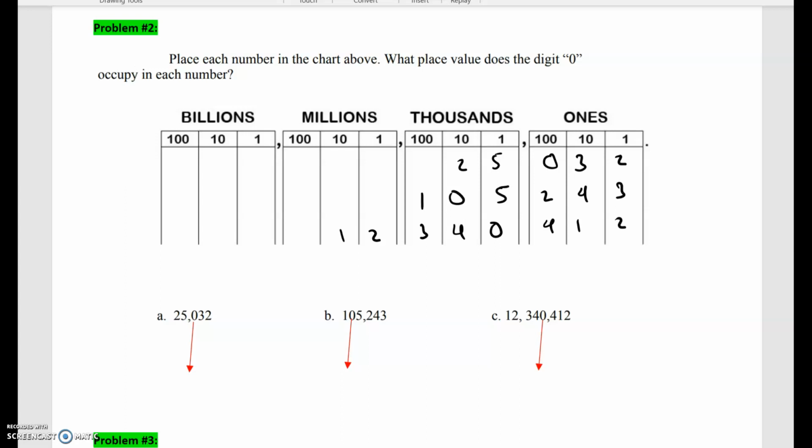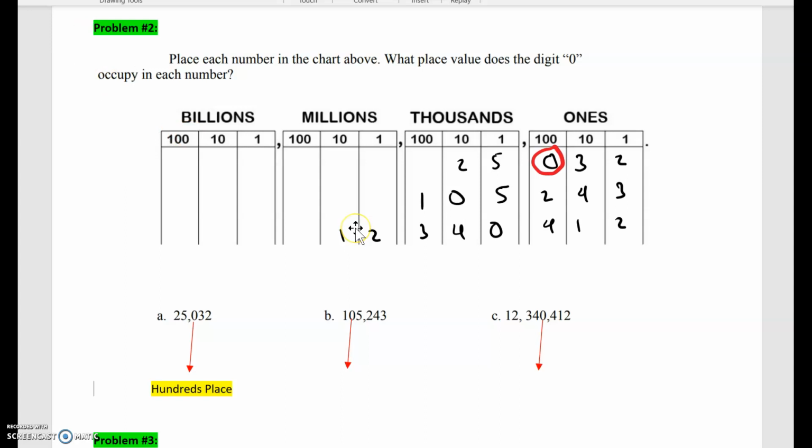So we take a look at where the position of each of these digits happens to be. The question is also asking for the place value of the 0. For the very first one, 25,032, the value of the 0 happens to be in the hundreds place, technically this value here.